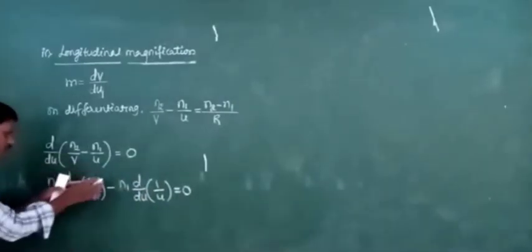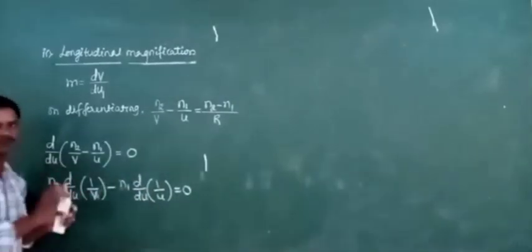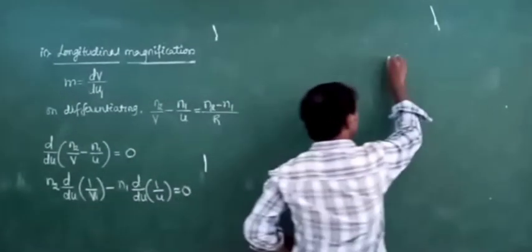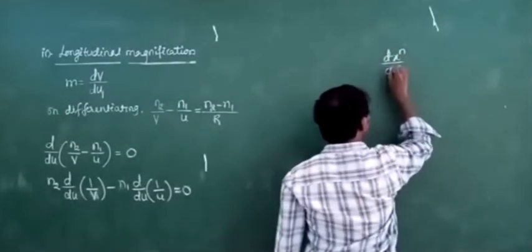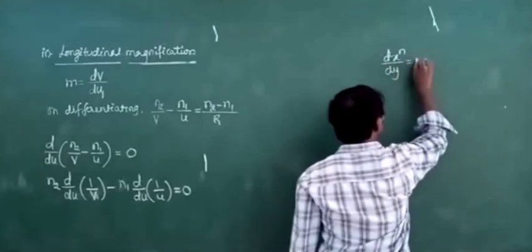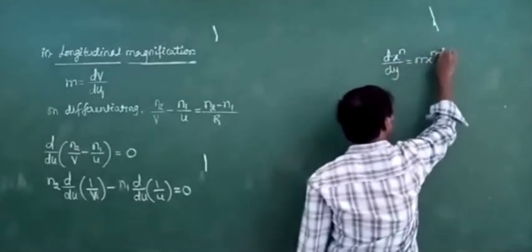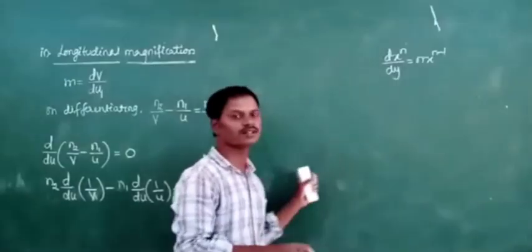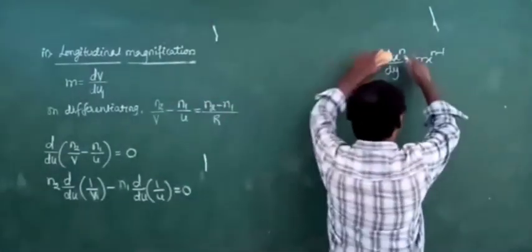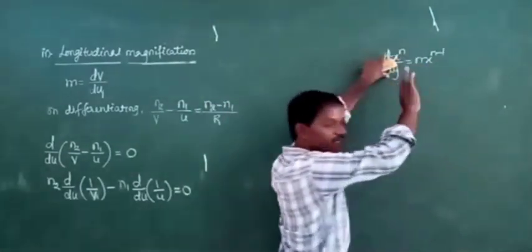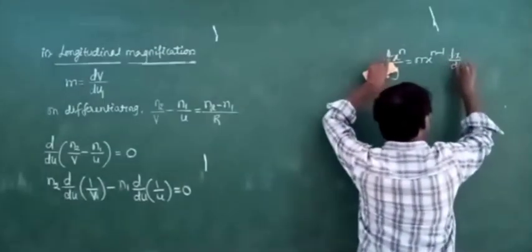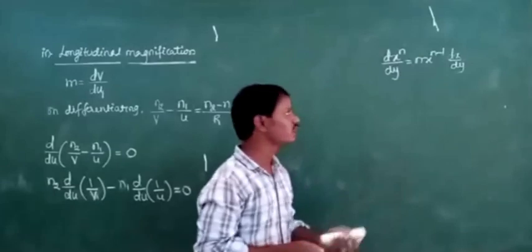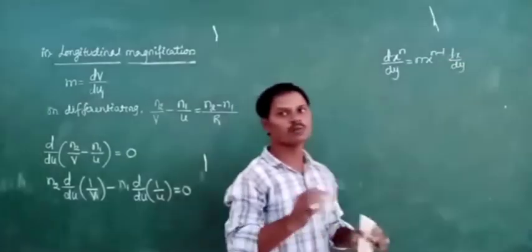What is the differentiation of 1 by v with respect to u? Then how to find it? Already we know the formula: differentiation of x raised to n with respect to y is n into x raised to n minus 1. By using this formula we are going to differentiate. But here x and y are both variables, so it is dx by dy, x changing with respect to y.